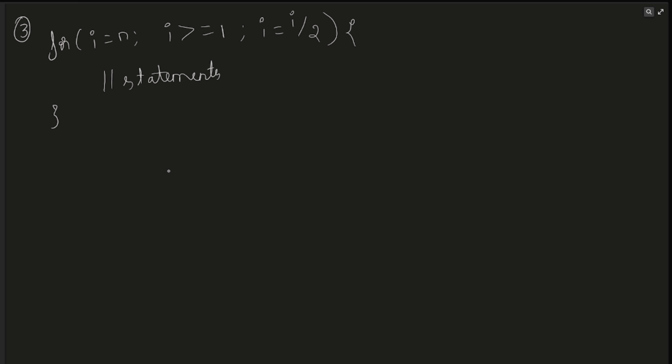Let us dry run this. We'll consider the value of I and the update statement of the for loop, and the statements inside the for loop will just keep track of the times executed.